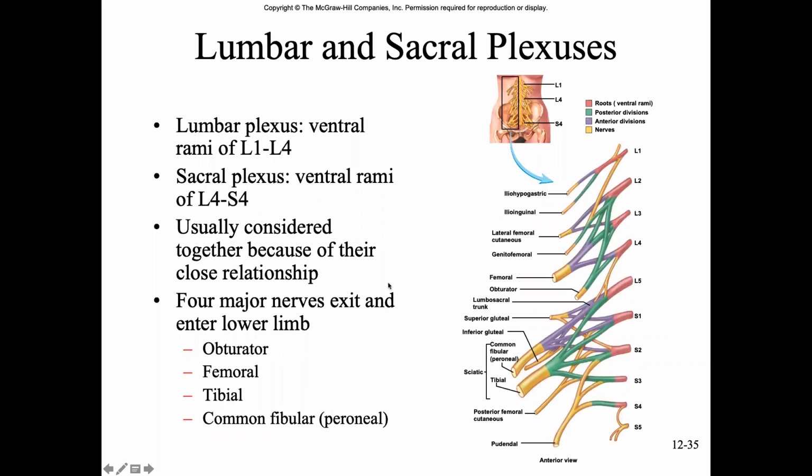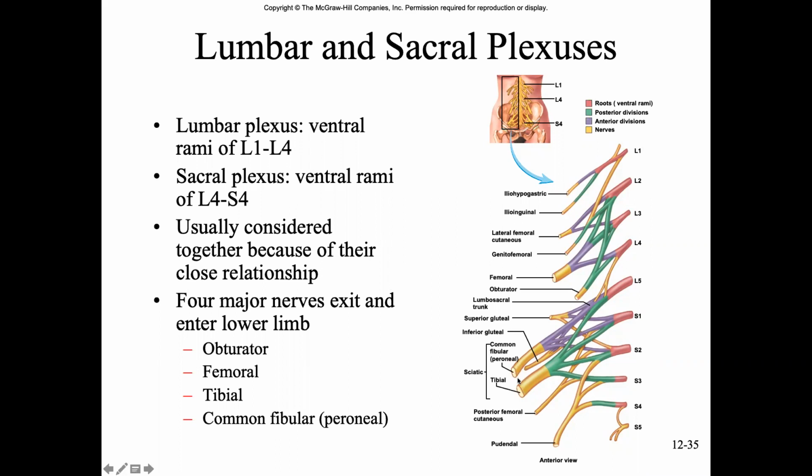Lumbar and sacral plexus. The lumbar plexus is between L1 and L4 and gives rise to your obturator and femoral. So right here and right here. This part right here is our lumbar plexus. Your sacral plexus is over here. Sacral plexus gives rise to our sciatic, which is a combination of our common fibular, common peroneal, and your tibial.